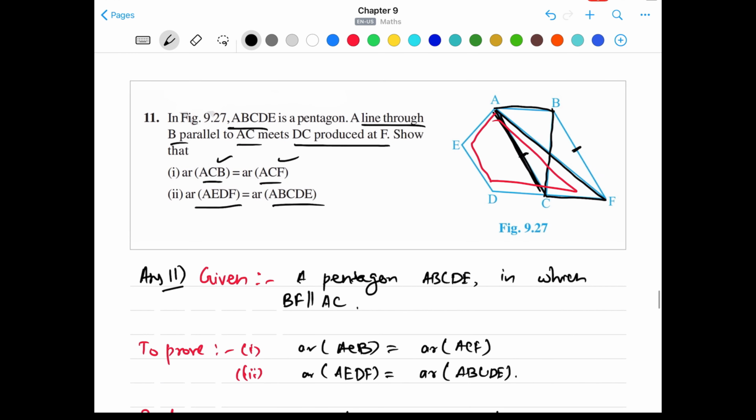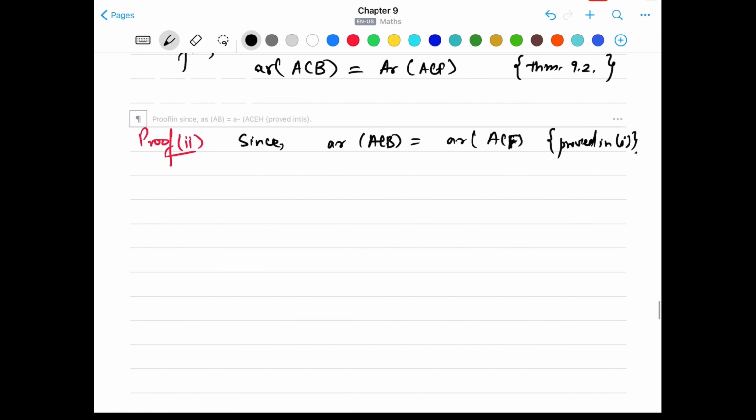Now you will notice that if we add the area of this region to triangles ACB and ACF, we will get the figure AEDF and the pentagon ABCDE. So we are going to add the area of AEDC on both sides in the above equation.